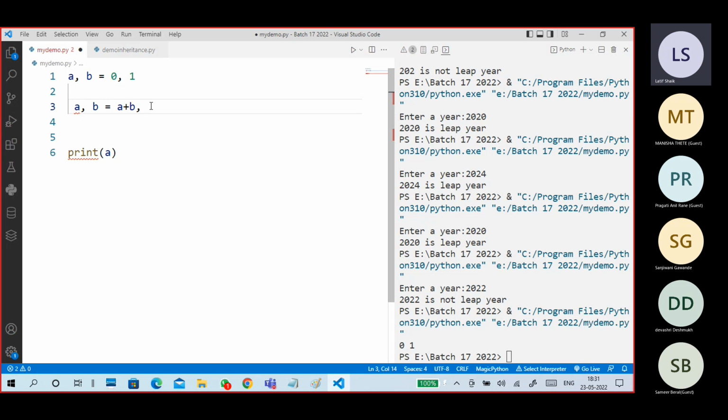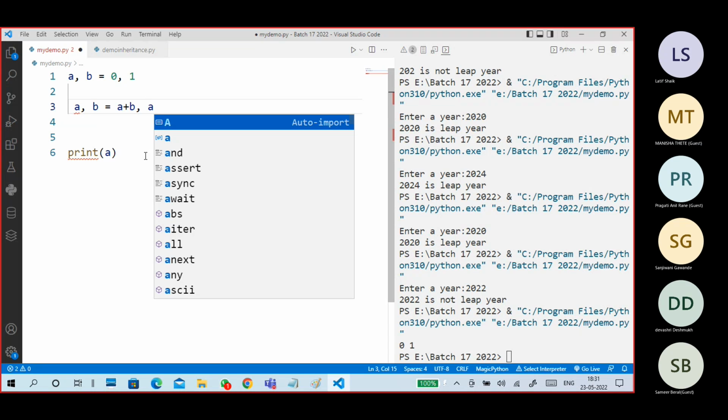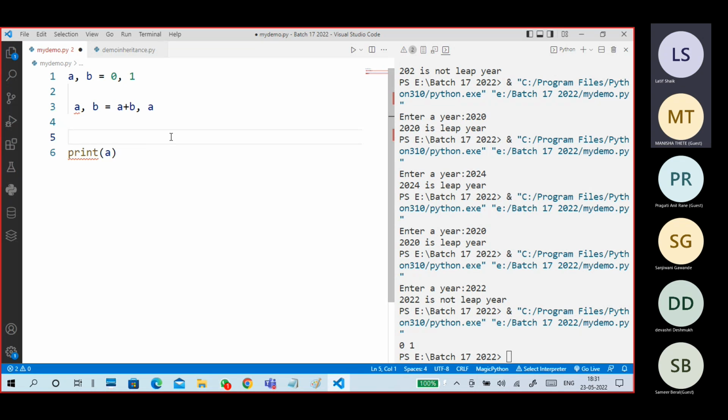So A value will be changed: 0 plus 1 is A plus B, A is A plus B. And what about B? B is equal to A.